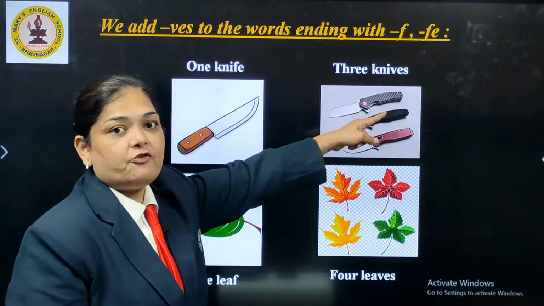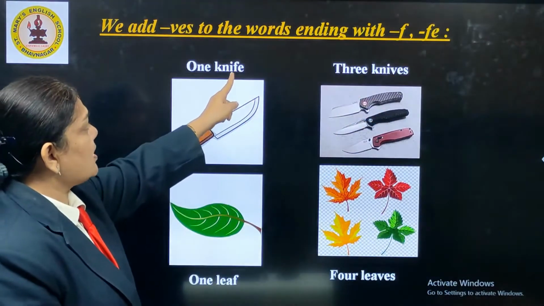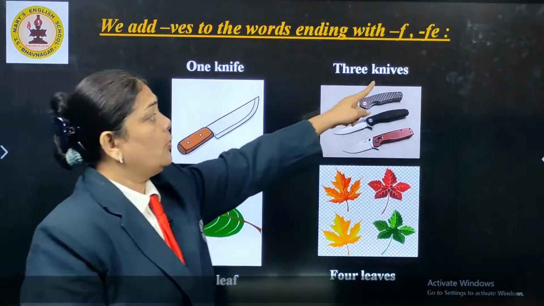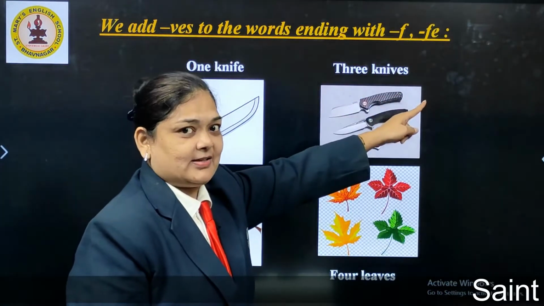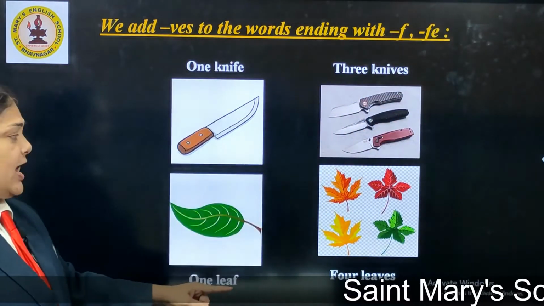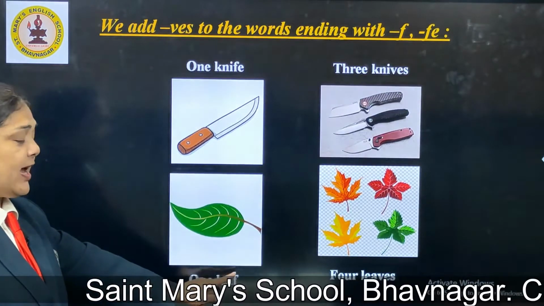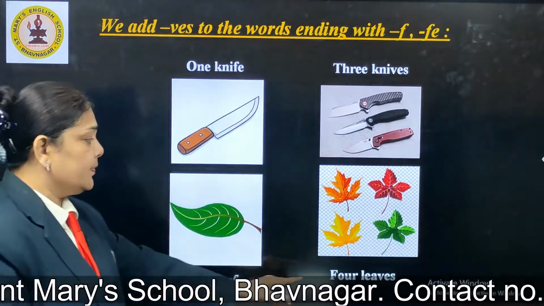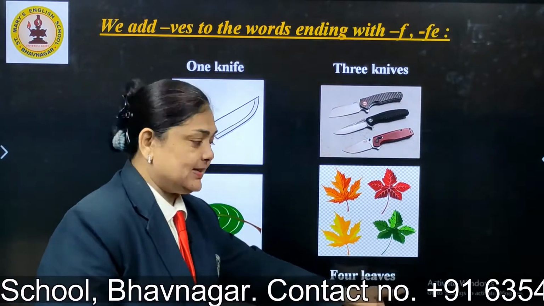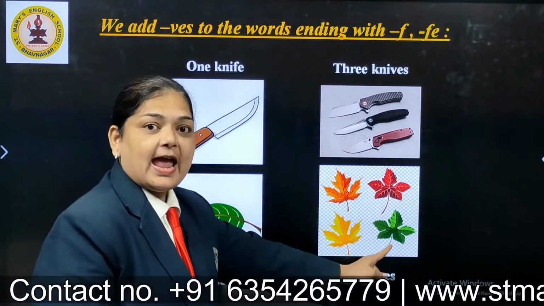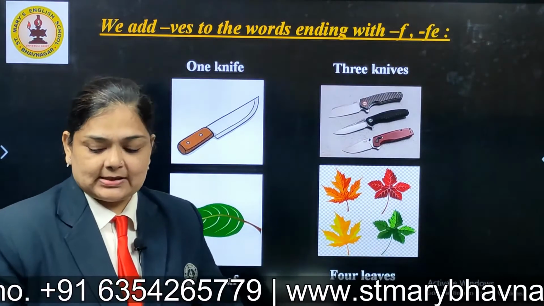So 3 knives. So you can see here FE has changed to VES, right? The same way here one leaf. Here F has changed to VES. How many leaves are there? 1, 2, 3 and 4. 4 leaves.